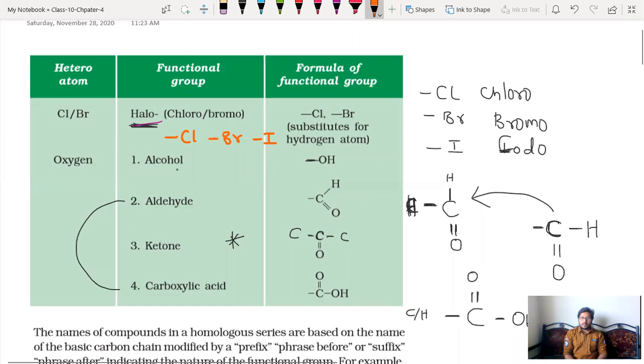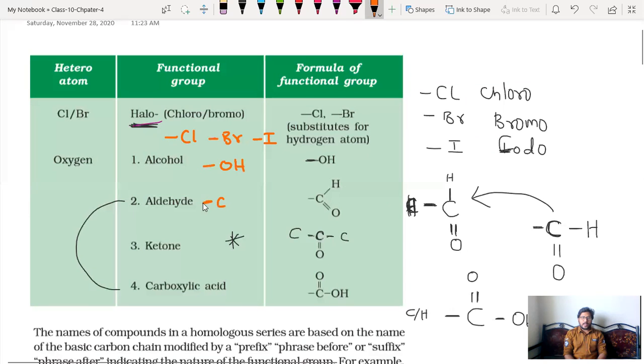Next, alcohol. So if you want to add alcohol functional group, you have to remove one hydrogen and add OH, bond OH. I mean, in place of hydrogen, OH to be added. While coming to aldehyde, there will be carbon, and for carbon there will be 4 valency.